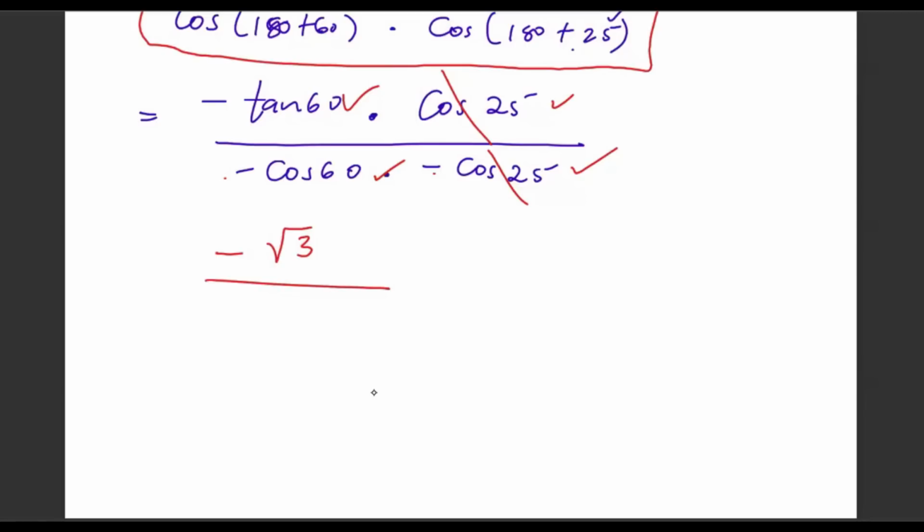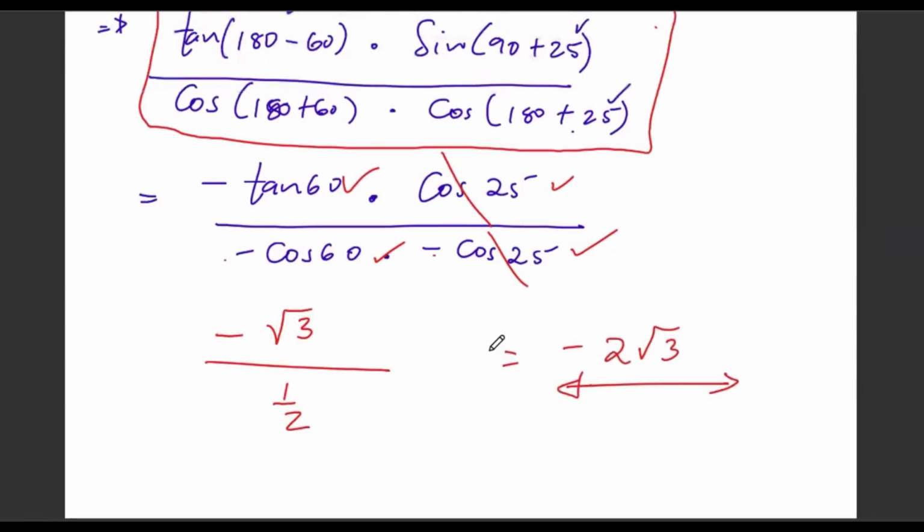The cos of 60 is basically a half, adjacent over hypotenuse, perfect. And then when we simplify this, it's just going to give us negative 2 root 3 as our answer. Okay, so that's how one would have achieved those 6 marks.